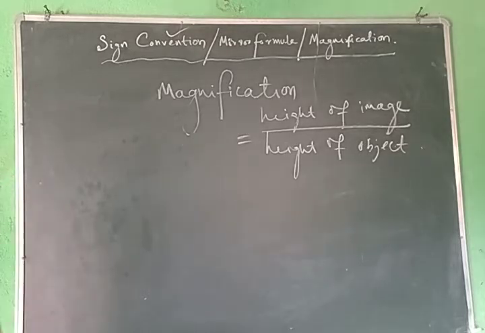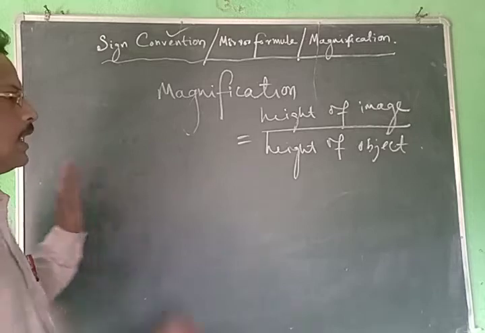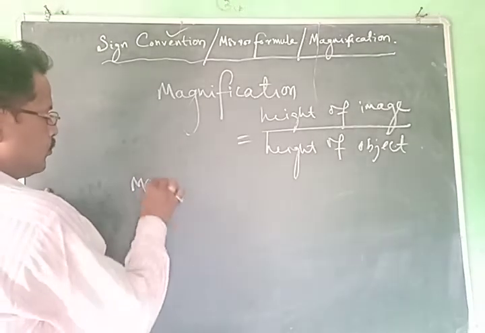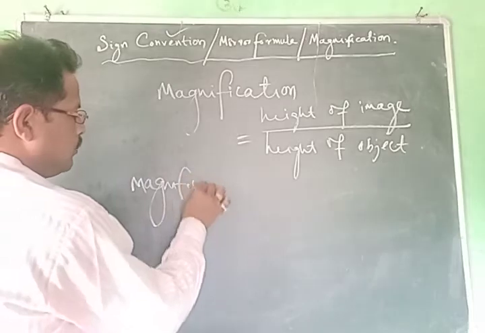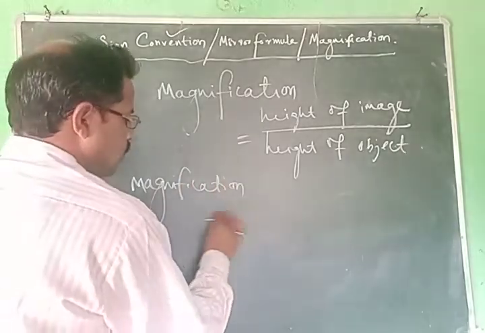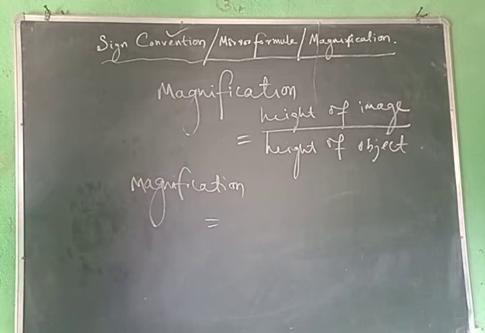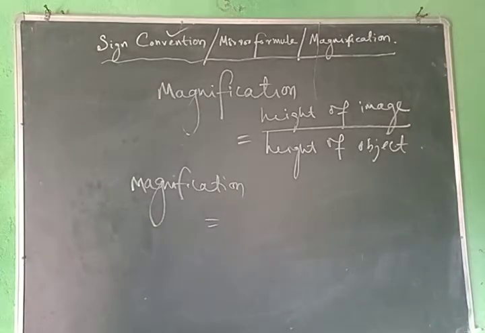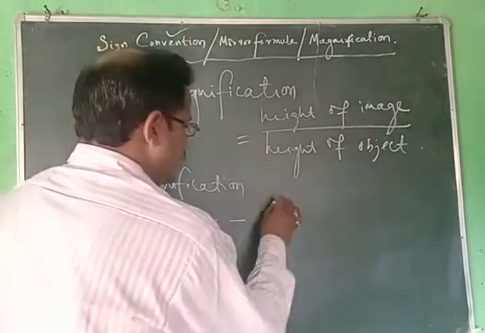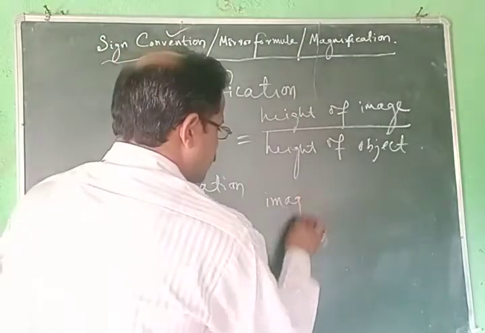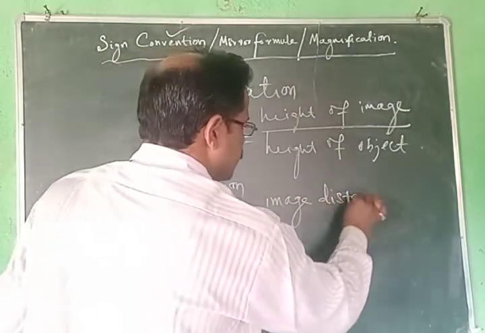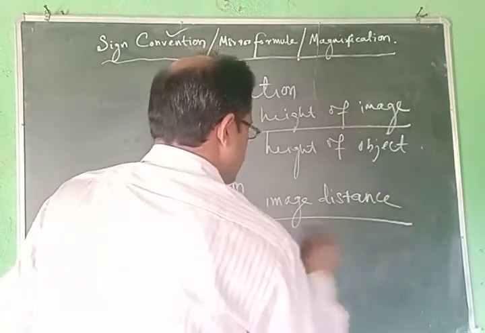Again, the linear magnification produced by a mirror is equal to the ratio of the image distance to the object distance with a minus sign. That is another formula we have: magnification is equal to minus of image distance to object distance.